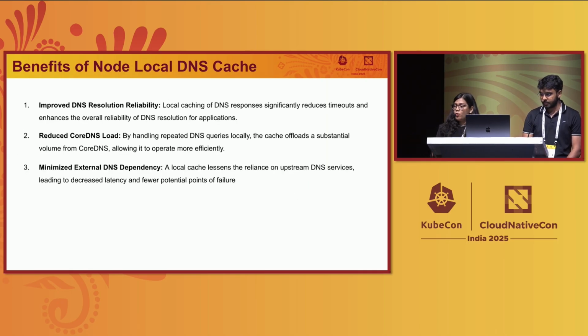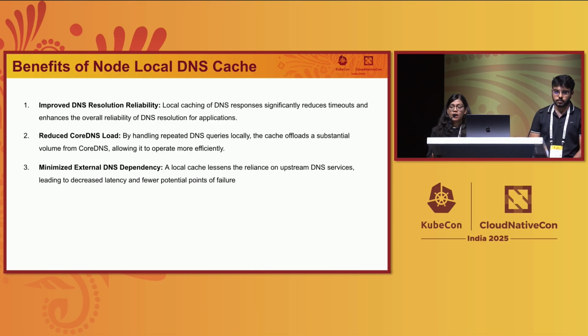Now that we know what local cache is and how it works, let's see the tangible benefits it brings to the environment. First, improved DNS resolution reliability. Local caching of DNS responses means less timeouts. So now, a pod can keep on resolving the records even if the core DNS is briefly unavailable.